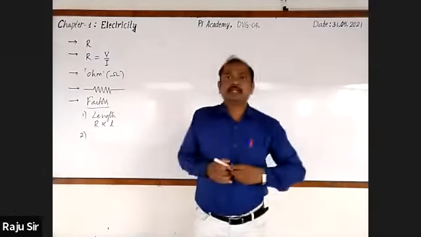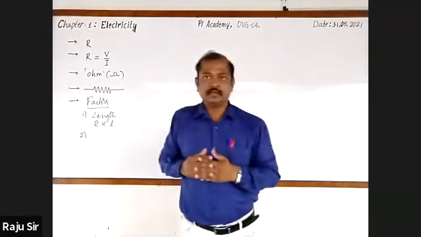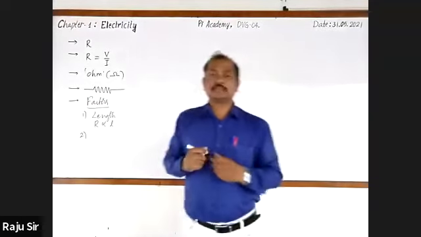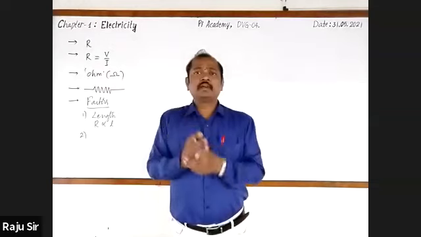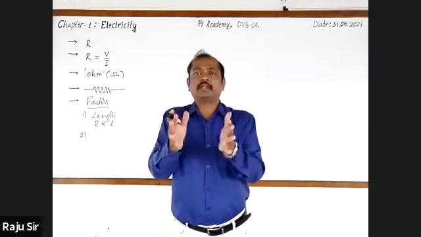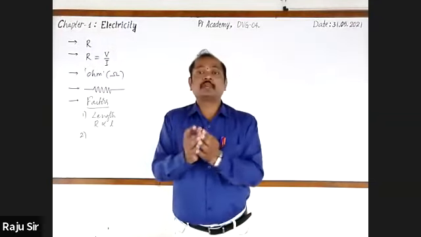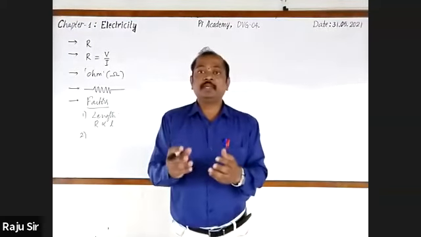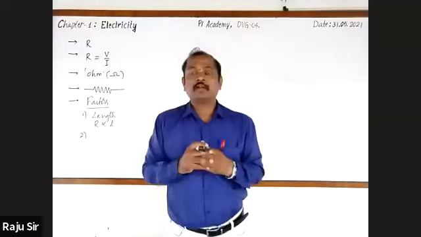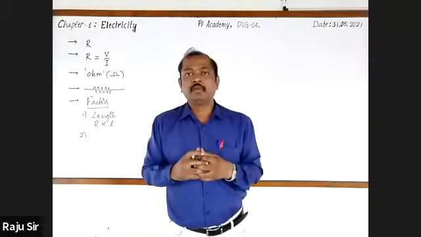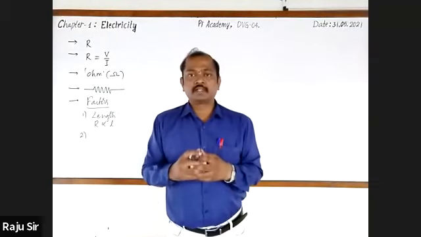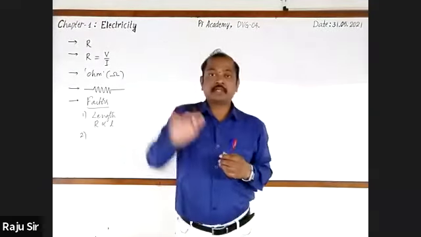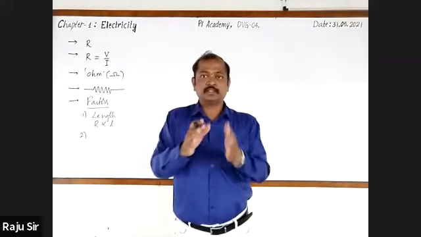Second one is the thickness of the conductor, nothing but the area of cross section of the conductor. As the thickness of the conductor increases, electrons get more space for their movement. They can flow easily and experience less opposition from the atoms. As a result, electric resistance decreases as the thickness increases.